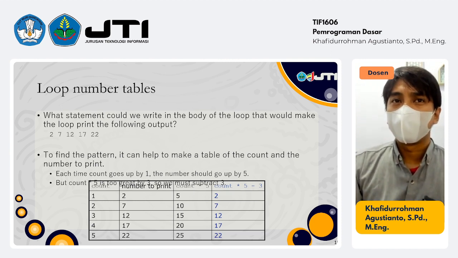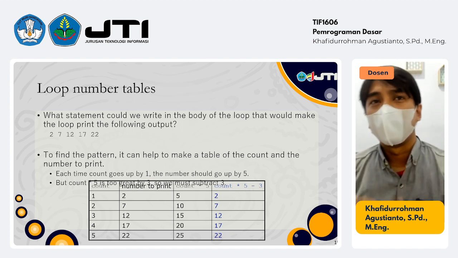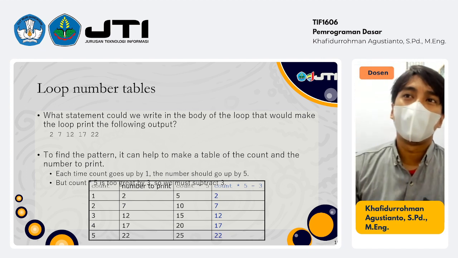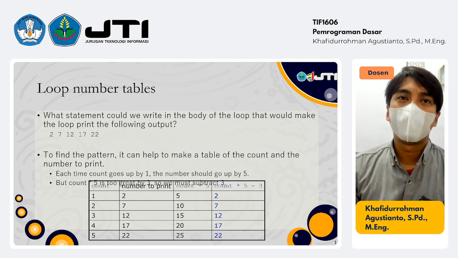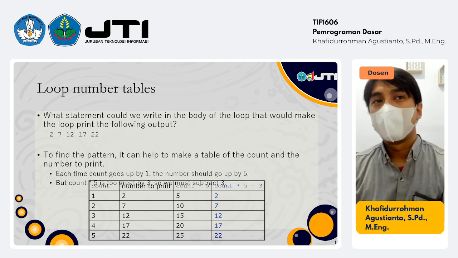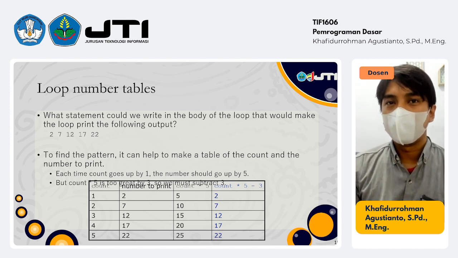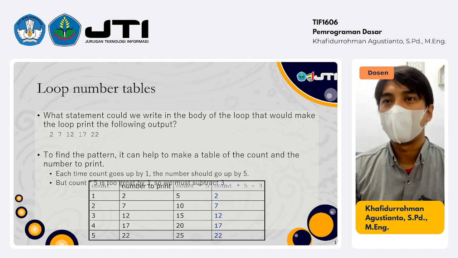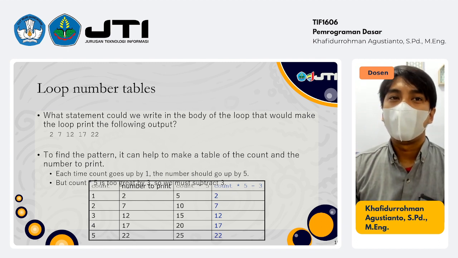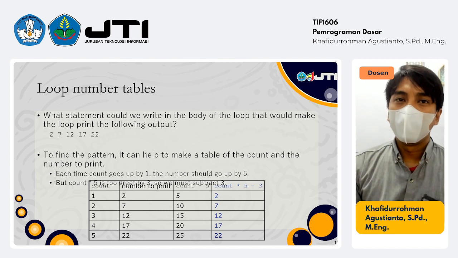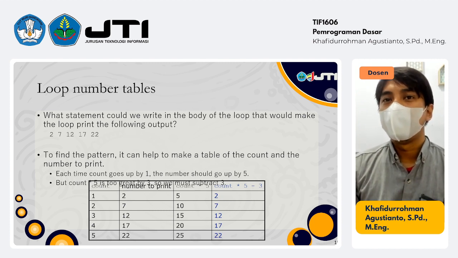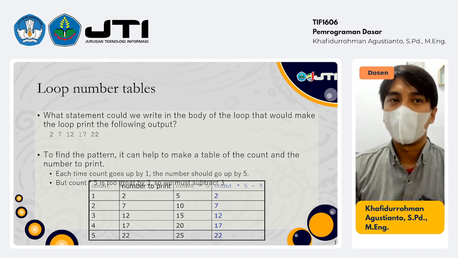Then what statement could be written in the body of the loop that would make the loop print the following output: 2, 7, 12, 17, and 22? To find the pattern, it can help to make a table of the count and the number to print. Each time count goes up by 1, the number should go up by 5.